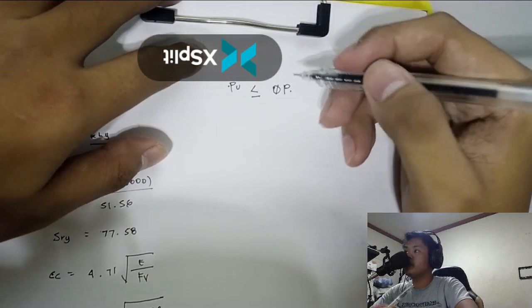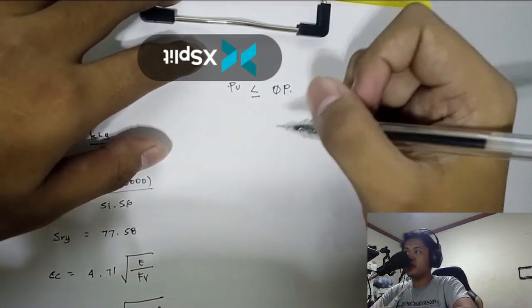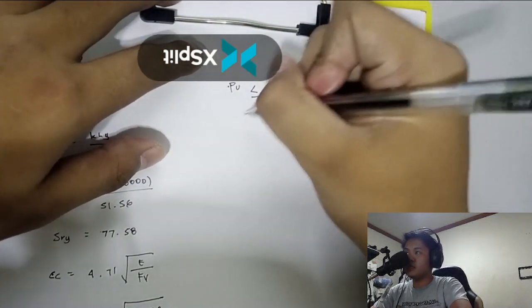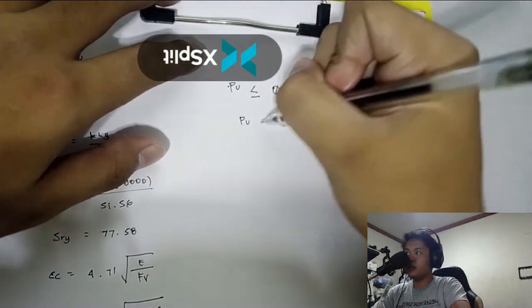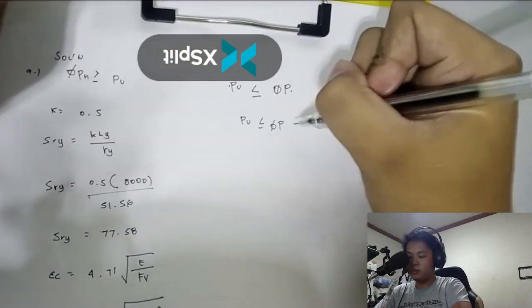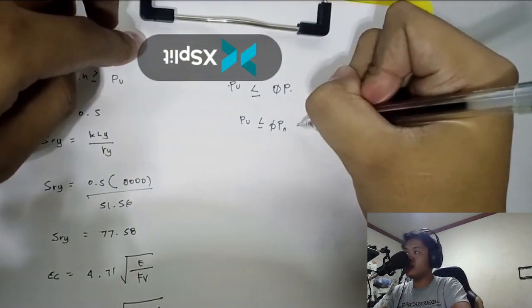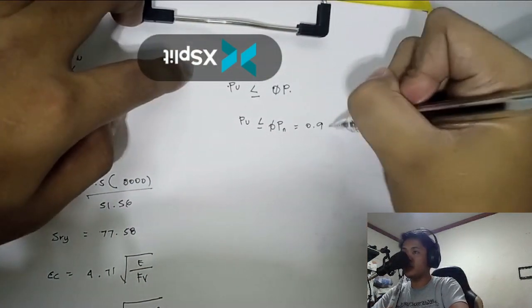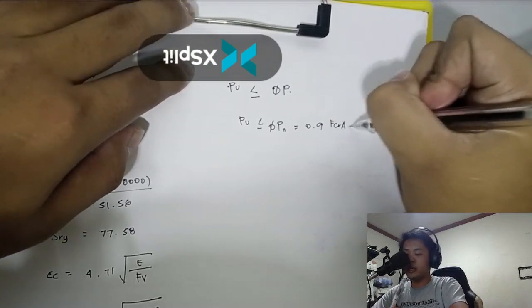Okay, so next, meron tayong formula na the ultimate axial load is less than or equal to the design load equal to 0.9 FCR area gross.